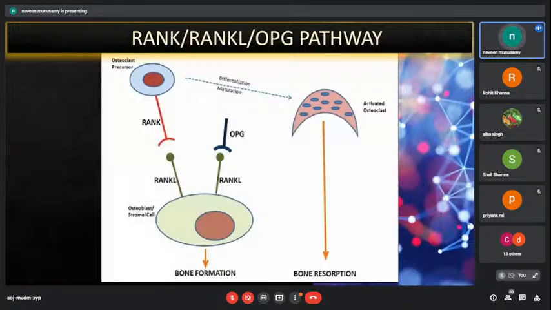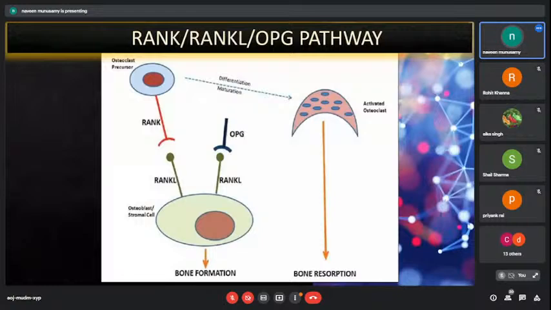You all must be aware of RANK, RANKL, and OPG. RANK is the surface receptor which is present on the osteoclastic precursors, while RANKL is the ligand which is present on the osteoblast. So the combination of RANK-RANKL will cause the upregulation of osteoclastogenesis, and upregulation of osteoclastogenesis will cause an increased rate of tooth movement. And there is a decoy receptor, OPG.